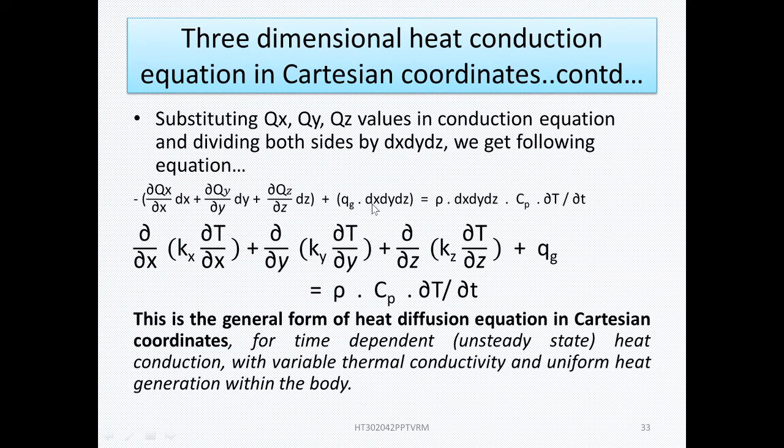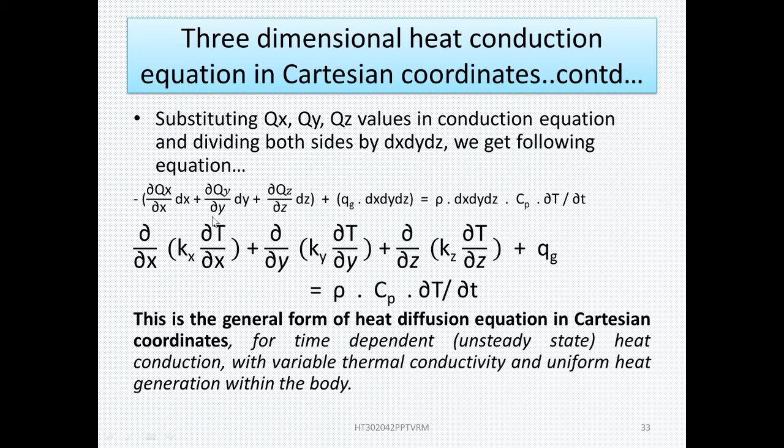The term dx dy dz on the LHS and on the RHS is cancelled. How is it cancelled? While placing the value of qx or qy or qz, let us consider the first term. Here dx is already there, and we are putting in the value of area, so this is dx into dy dz. So dx dy dz is a term in the first qx value.